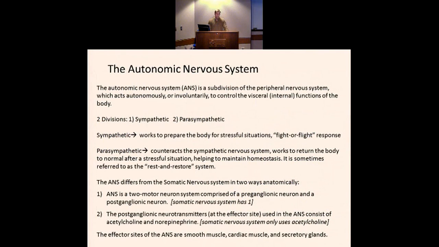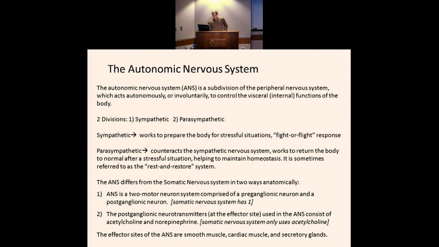So if a saber-toothed tiger jumped in here, or someone with a gun, your sympathetic system would take over. Your parasympathetic counteracts the sympathetic system. Once you get all jazzed up, your heart rate's shooting up, you're sweating, your parasympathetic eventually takes over and kind of brings everything back to normal.